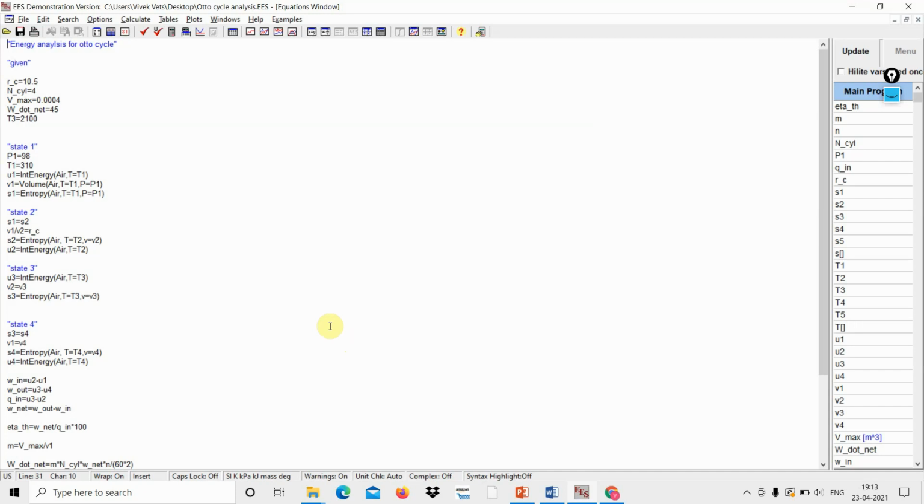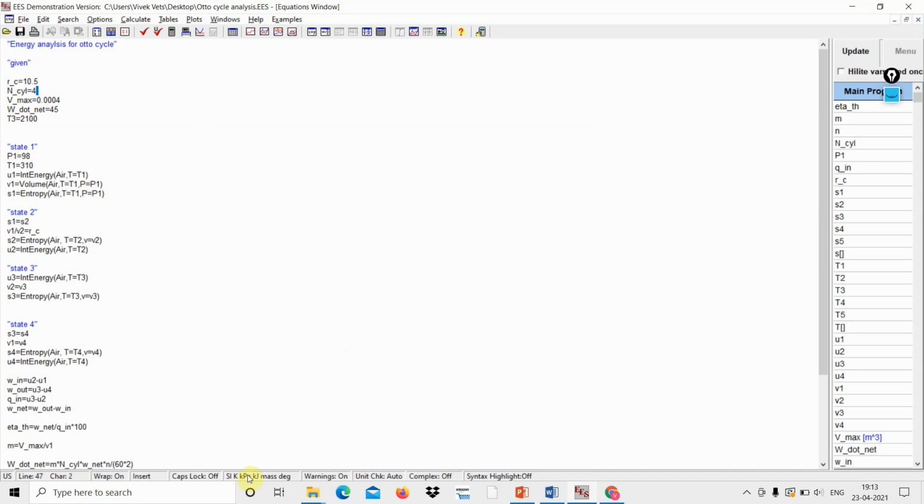Here I have already done the programming, and will carry forward from the same. As I discussed in the slide, the given values are rc, the compression ratio 10.5, and number of cylinders 4. The maximum volume mentioned as 0.4 liter we have converted into cubic meters for ease.